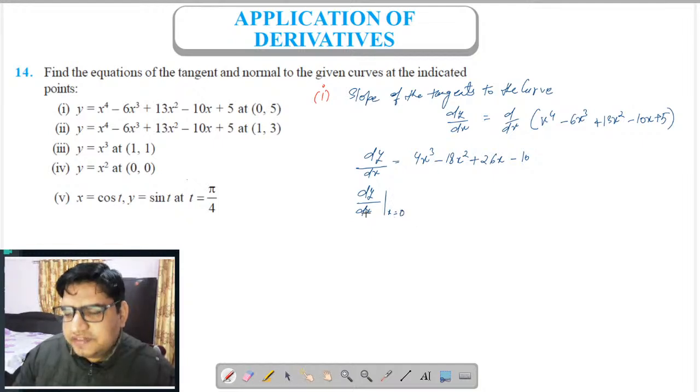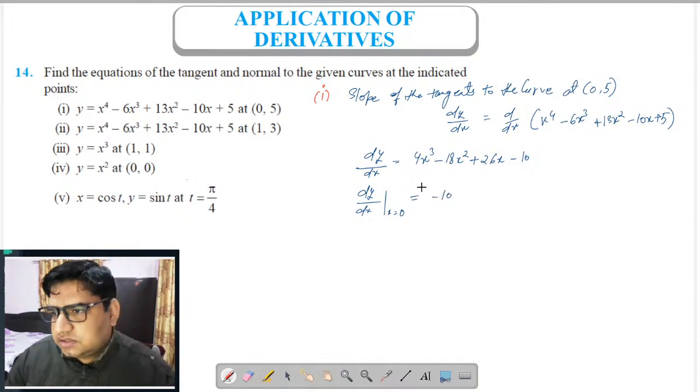The slope of the tangent to the curve at 0 and 5 should be minus 10, because all the terms having x will be 0. So dy by dx at x is equal to 0 is minus 10. That is the slope of the tangent to the curve.